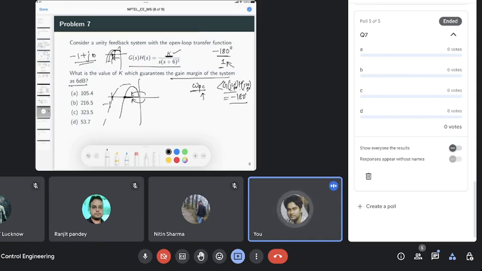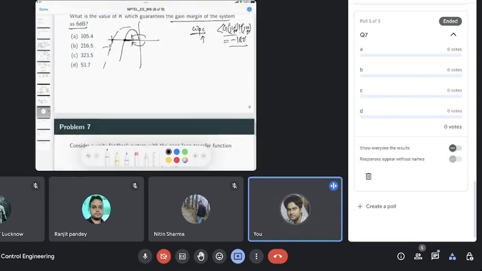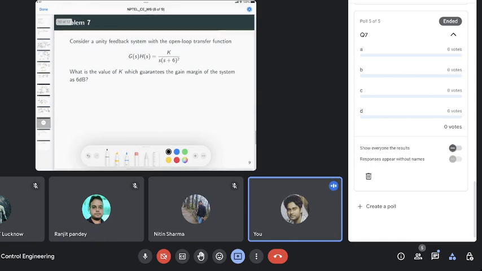So we first compute this phase crossover frequency. For that, you find this angle. This phase angle will be given. This pole contributes -90, and this will be -tan inverse of omega by 6, right? So this is your angle, and at the phase crossover frequency, let omega pc be the phase crossover frequency.